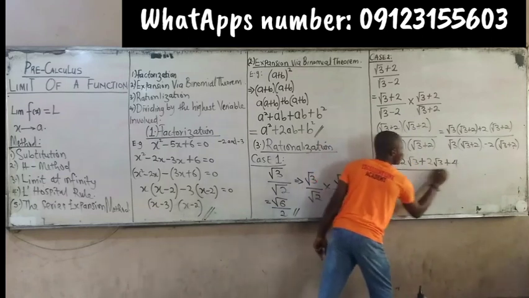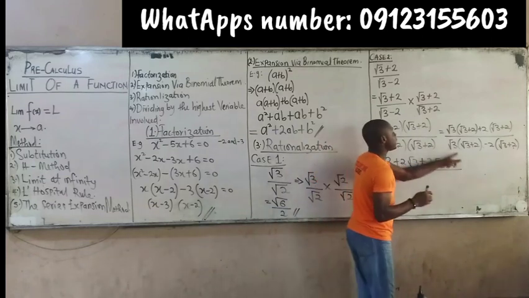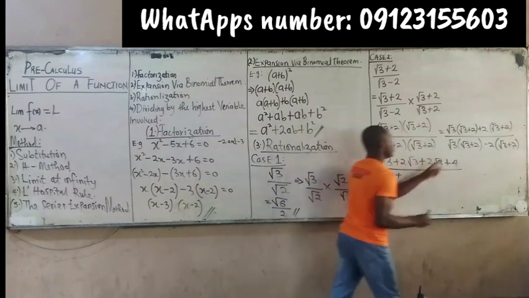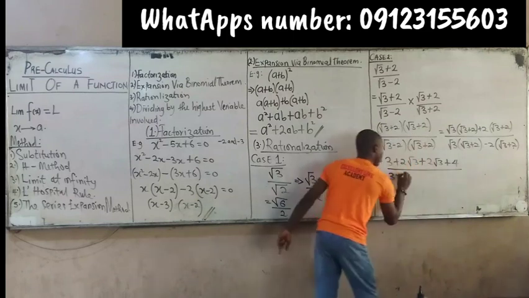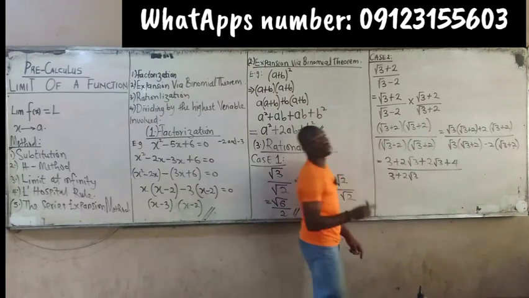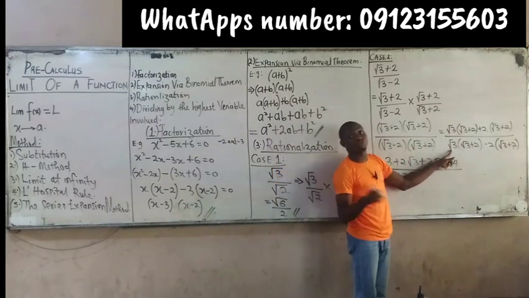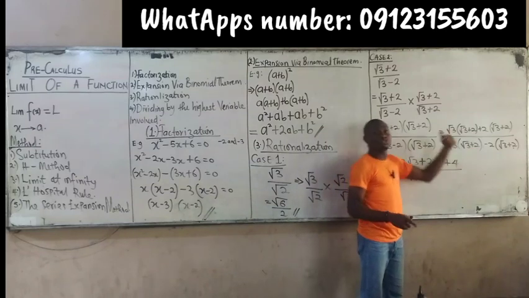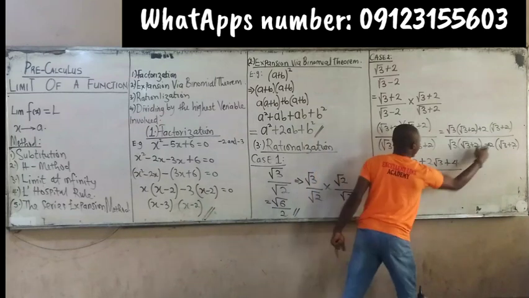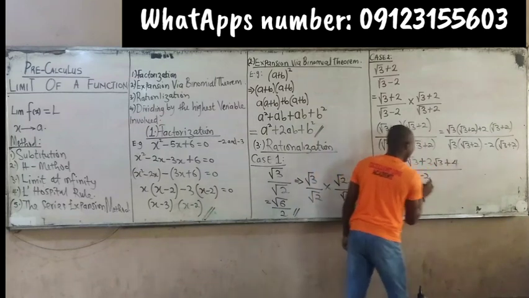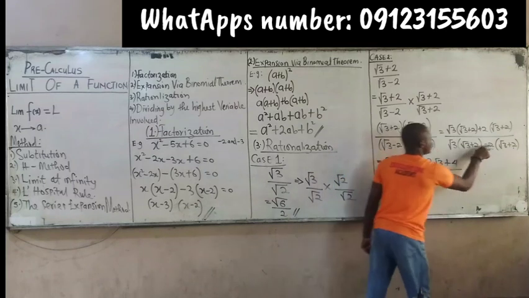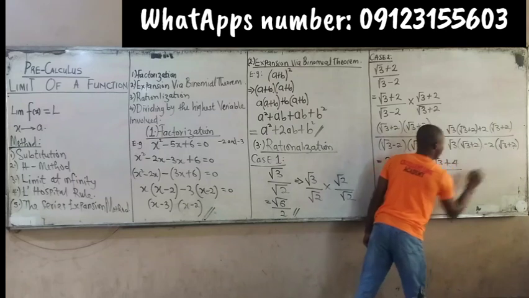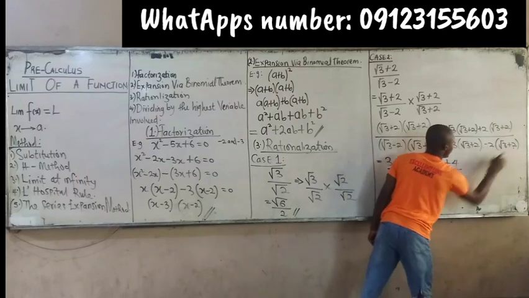All over, root 3 times root 3 becomes 3. Positive, root 3 times 2 becomes 2 root 3, not 3 root 2. Don't say 3 comes before 2. Root 3 times 2 becomes 2 root 3. Then the negative sign: minus 2 times root 3 becomes minus 2 root 3. Minus 2 times 2 becomes minus 4.